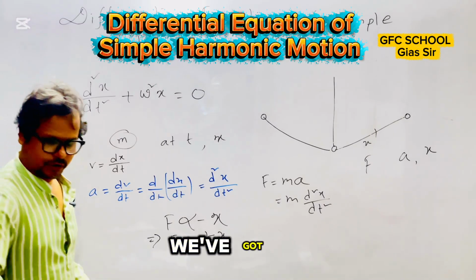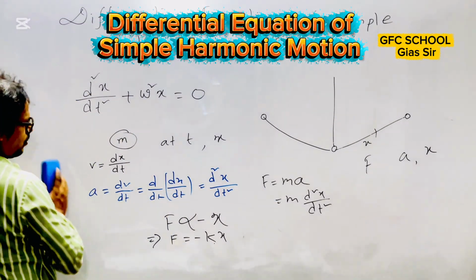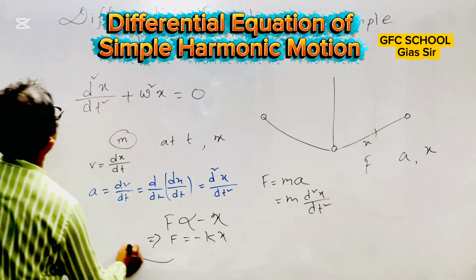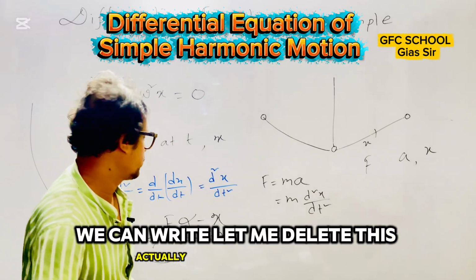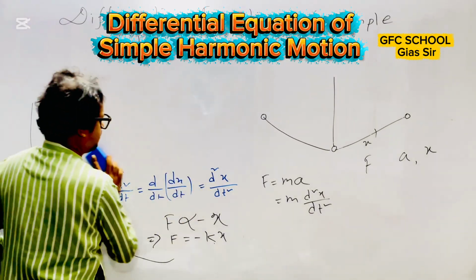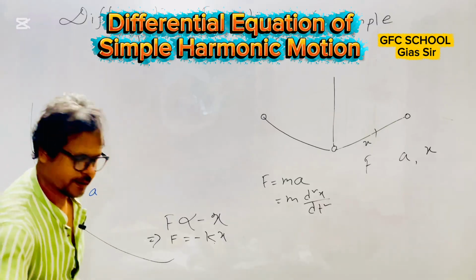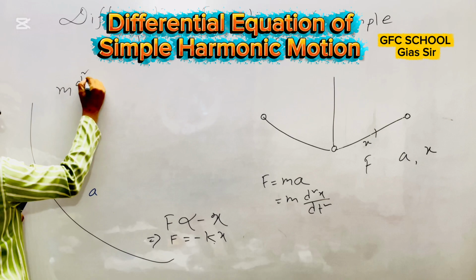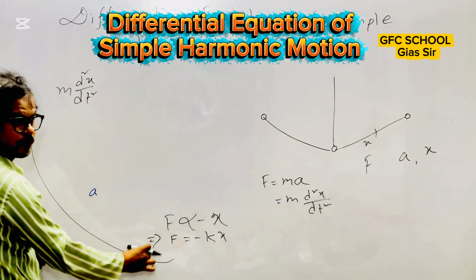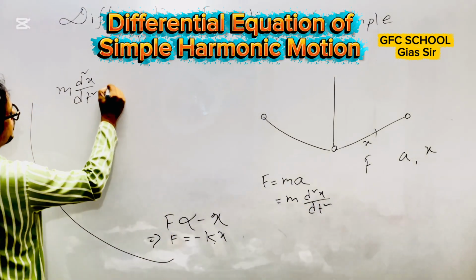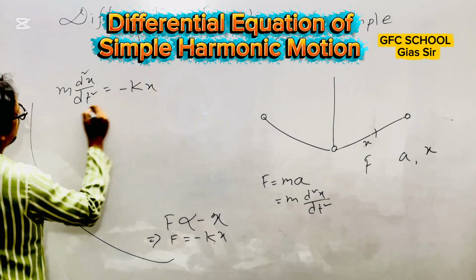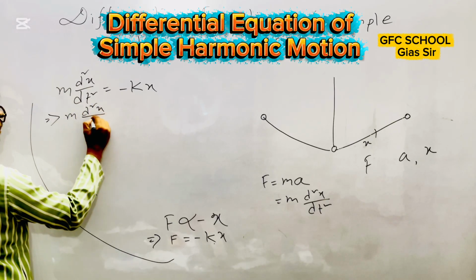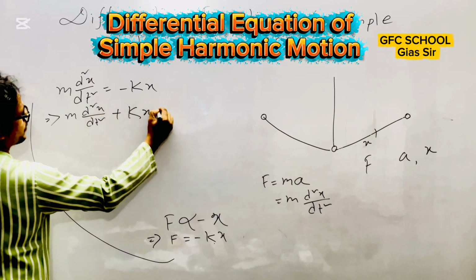Just now we got F equal to this, so we can write F equals m d squared x by dt squared. Just we got F equal to m d squared x by dt squared, and this is minus kx, so on the left side, m d squared x by dt squared plus kx equals 0.